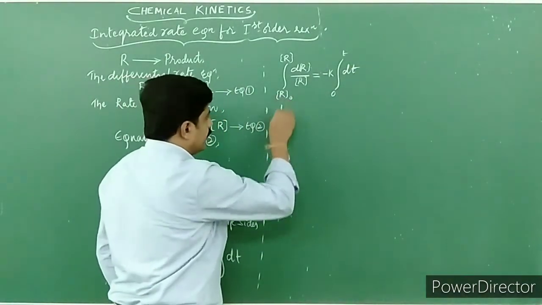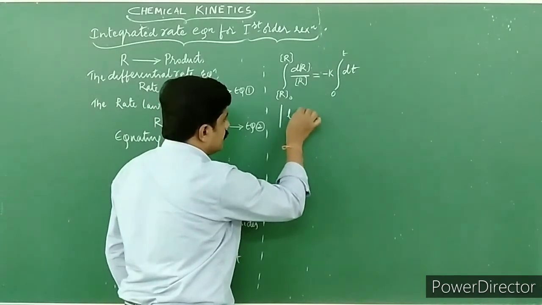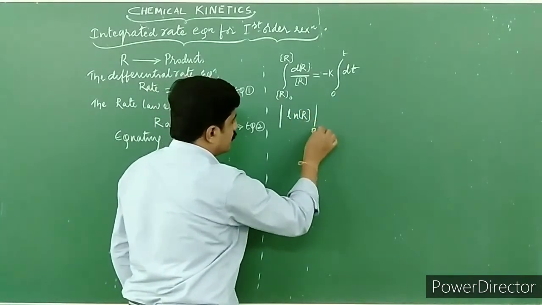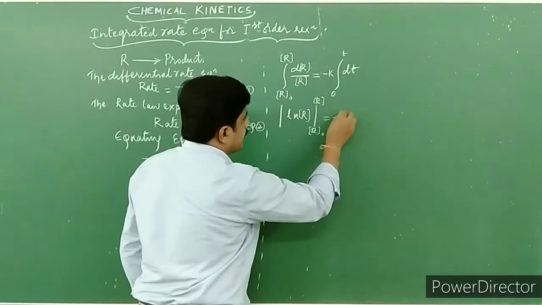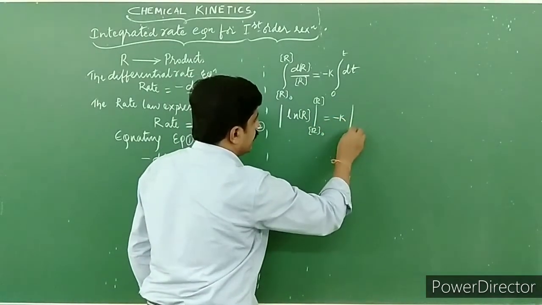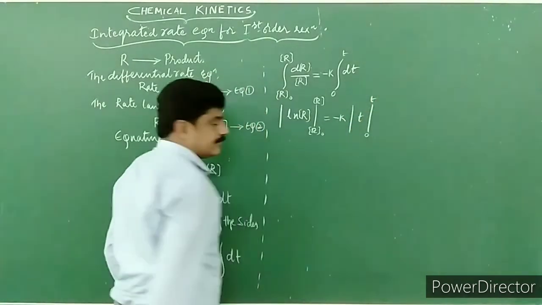Is it not? Now look at here, I'll write this will become ln R. Now it is R naught to R, minus k t, 0 to t.